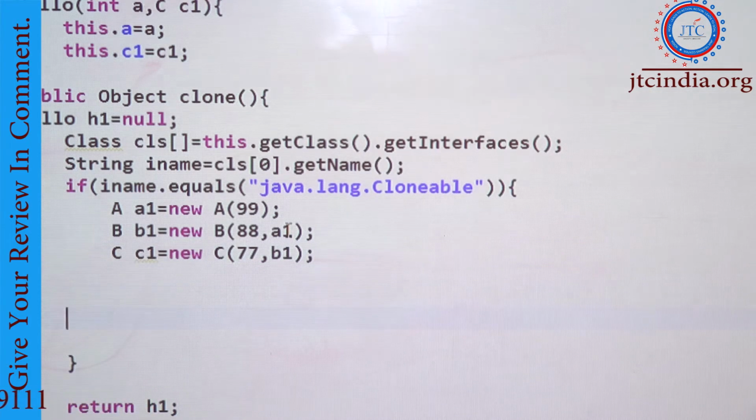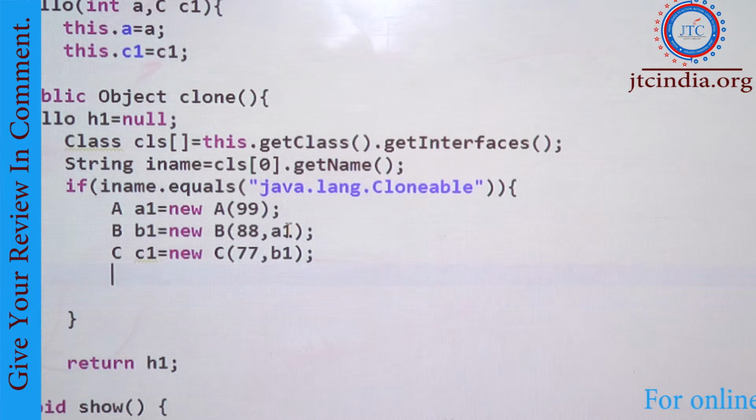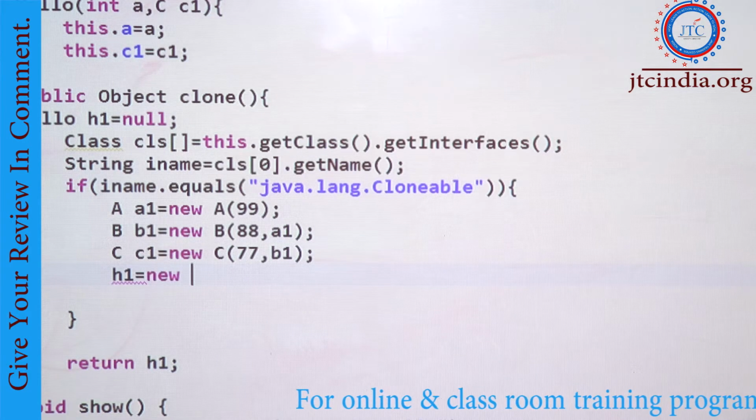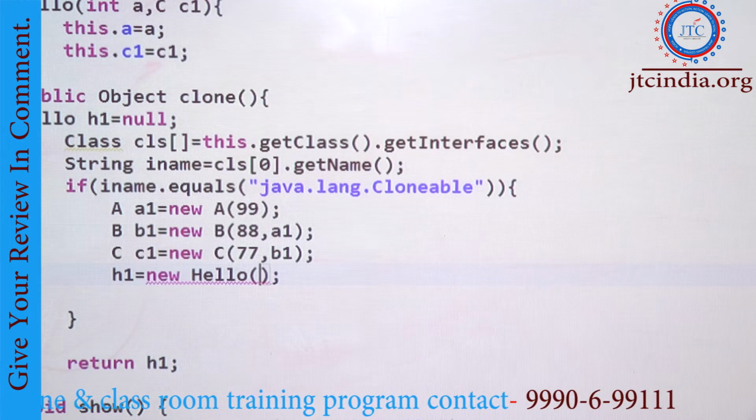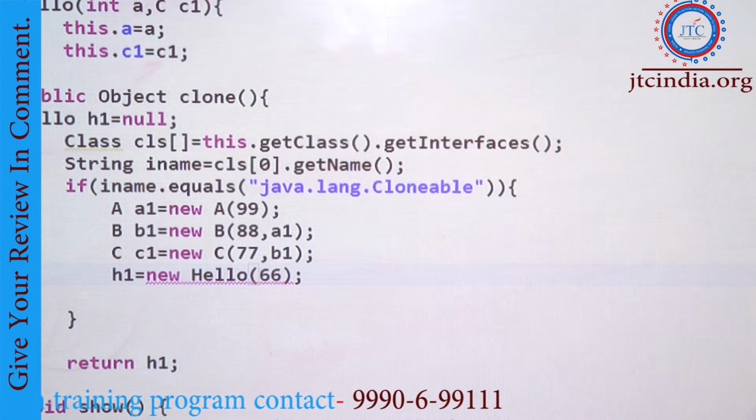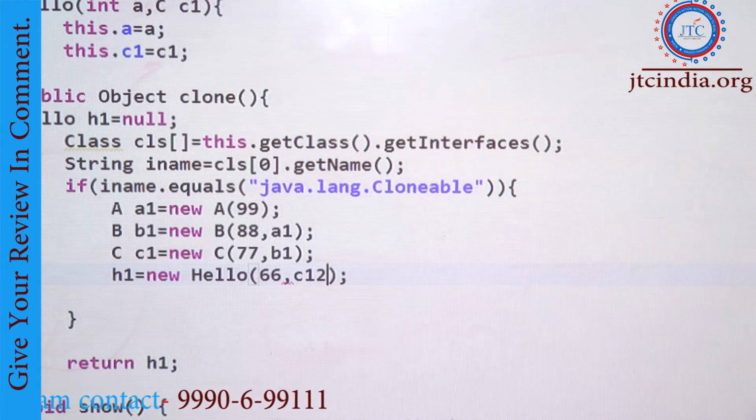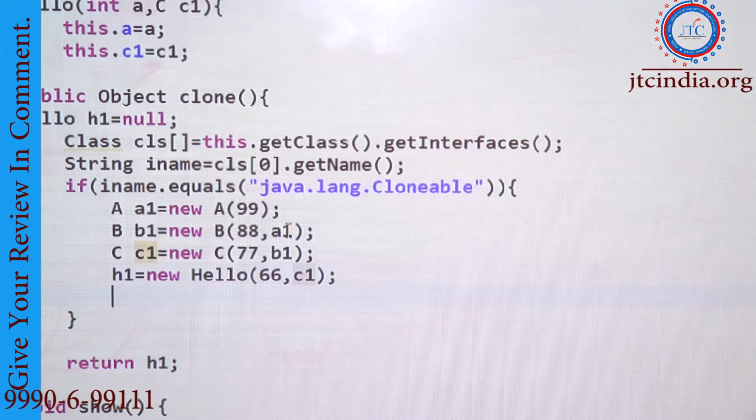Can I write this also? And immediately now next h1 is equal to new Hello I am writing, and inside that I am passing 66, and then I am writing the c1 here.